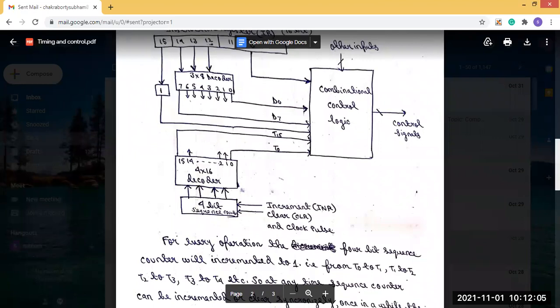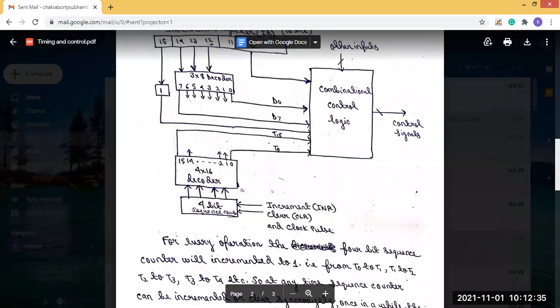So the 4-bit sequence counter will increment by 1 each and every time: from T0 to T1, from T1 to T2, from T2 to T3, from T3 to T4, and so on. And when it increments, we have a total of 16 timing signals present.